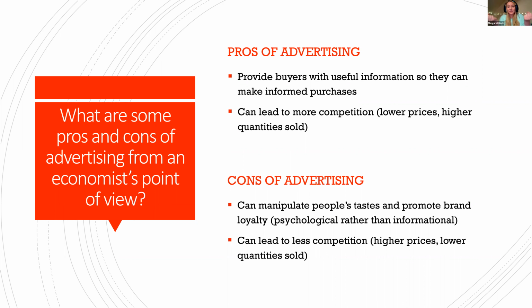So if this is the case, these two companies stay their own monopolies. Adidas and Nike don't have to compete with one another anymore because they've created this brand loyalty in their own separate bubbles. So this could potentially lead to less competition, which means higher prices and lower quantities sold.